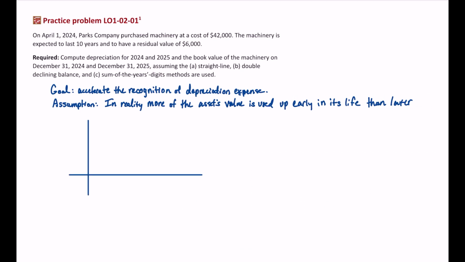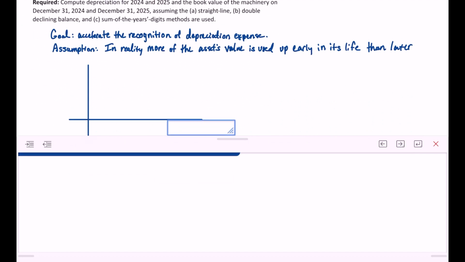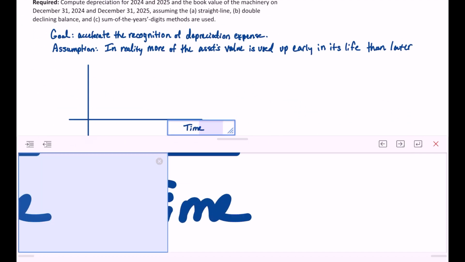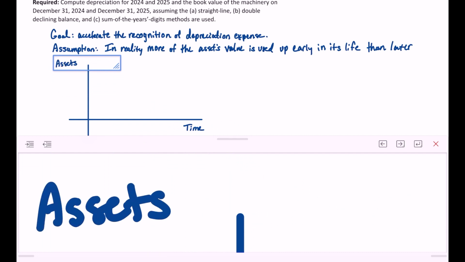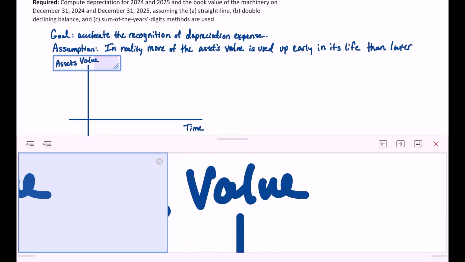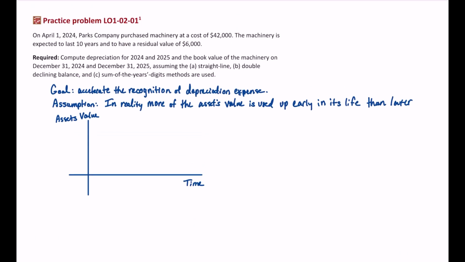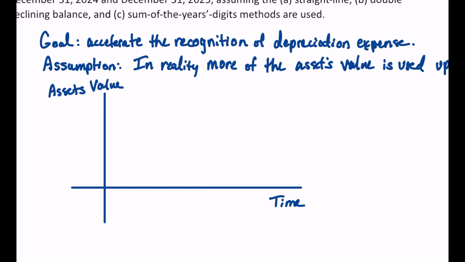All right, so let's say that we have a graph here. The x-axis is time, and let's say this is the asset's value. The straight line method basically says that the asset's value goes down like this.